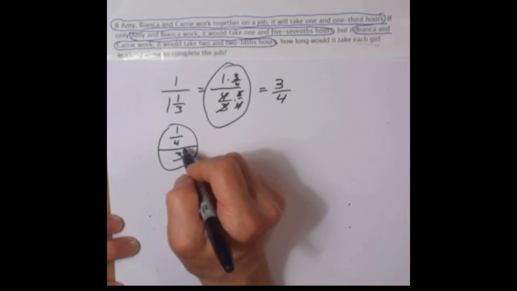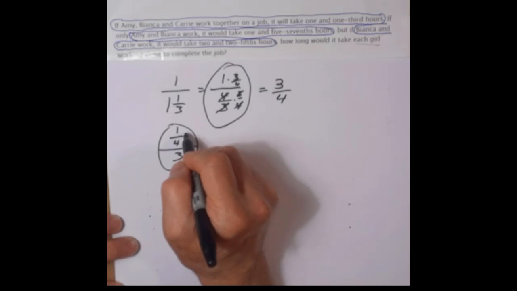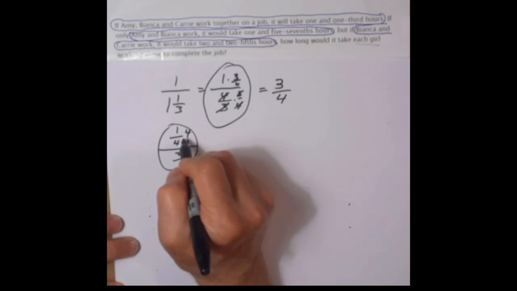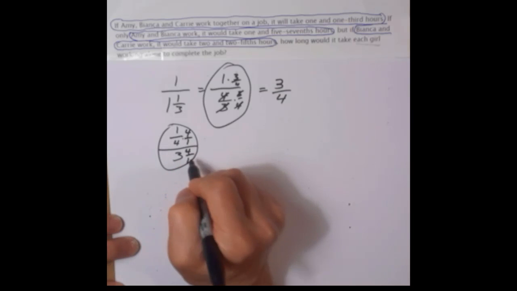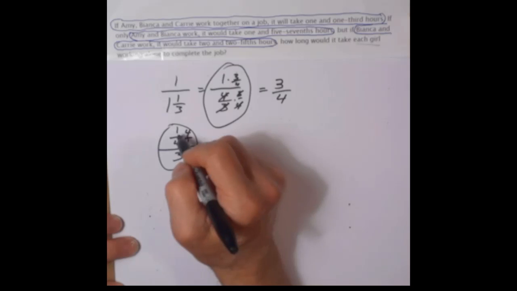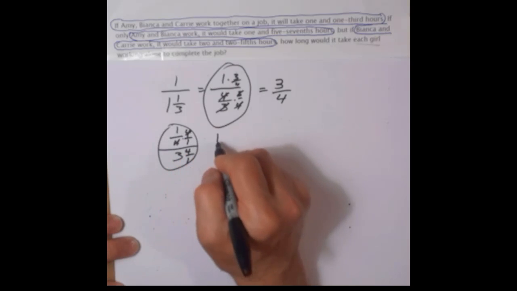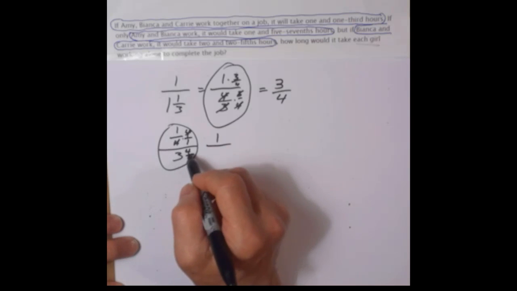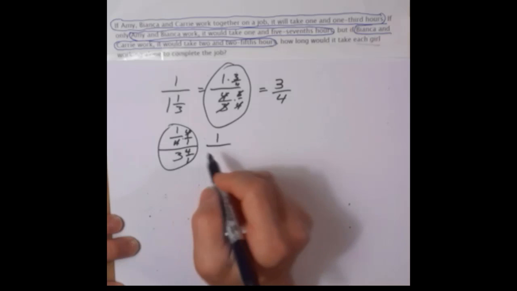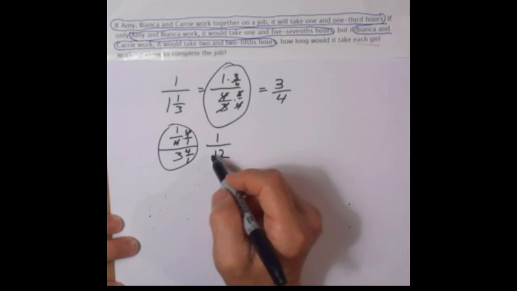We multiply both sides by the reciprocal of this fraction, which is 4 over 1. And this one 4 over 1. And so the 4's cancel out here. You get 1 over 3 times 4 is 12. You get 1/12. Totally different number.